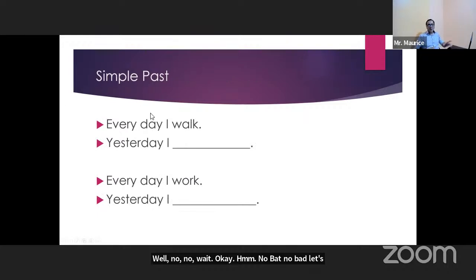Okay, in here we have two different sentences. One in present, every day I walk, and every day I work. These two sentences are in present. I'm going to pick two students or one student to switch them from present to past. You pronounce the present and then the past. Here we go. Nestor, please. Every day I walk.